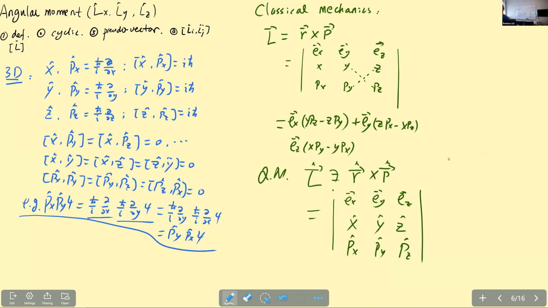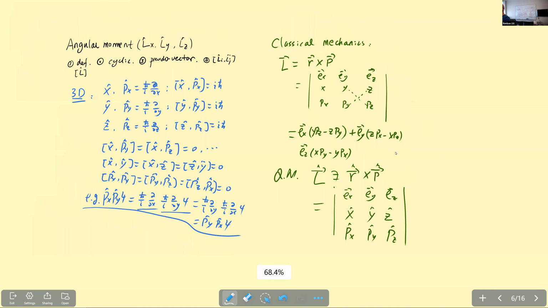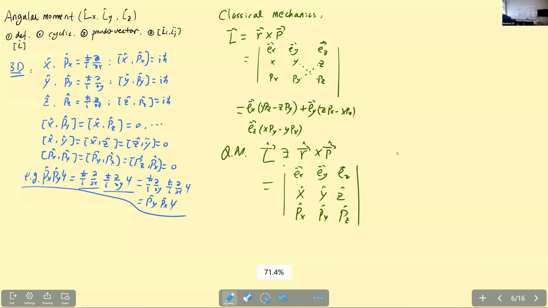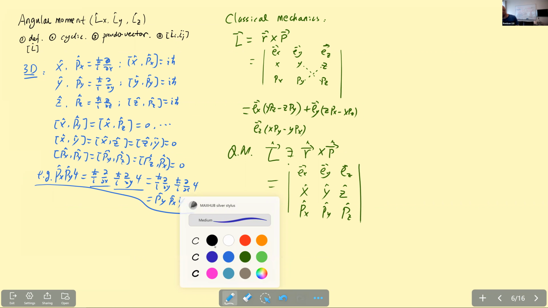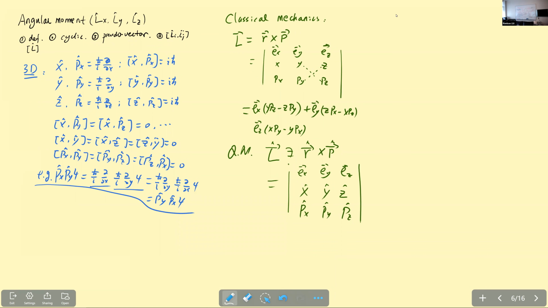There's an immediate difficulty or problem in general in the translation. If we have classical mechanics and translate it into quantum mechanics, basically you change X into the operator, Y into the operator, and Z into the operator. That's easy.